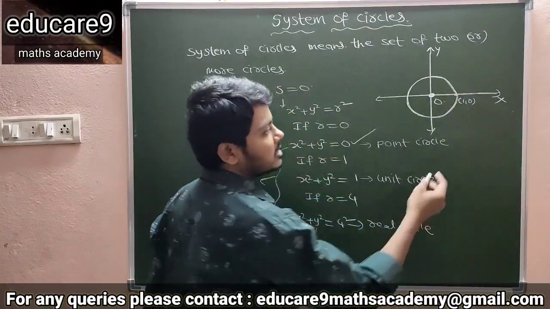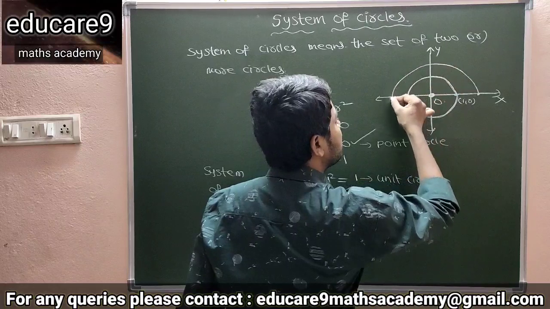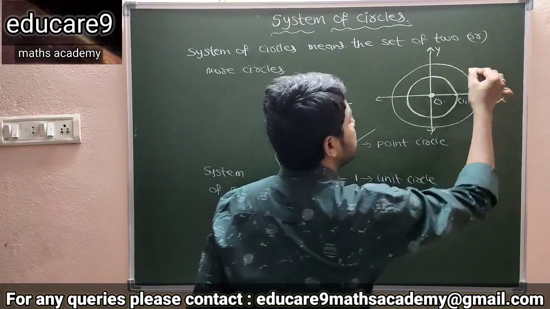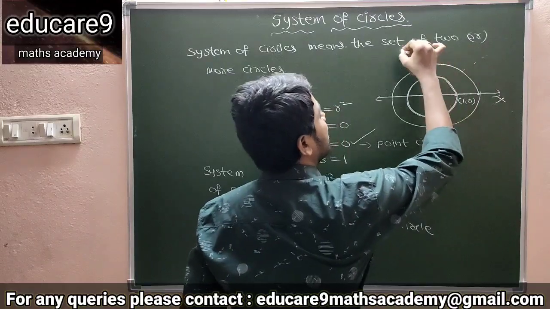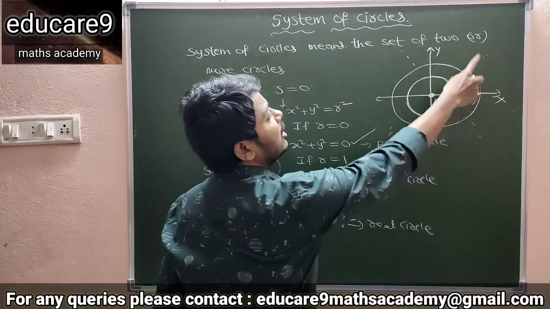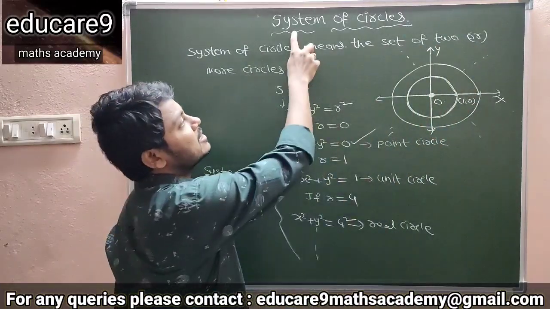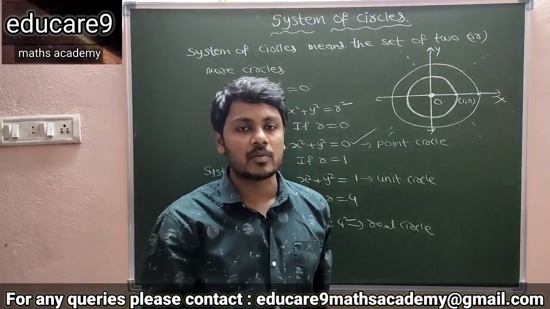For example, radius 2 is another circle, and so on. Then the set of all these circles is called a system of circles. So this is the concept of system of circles.